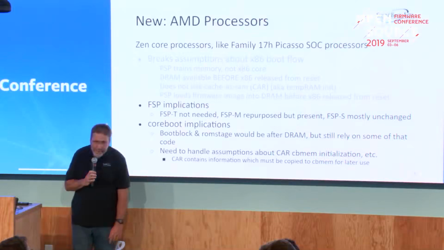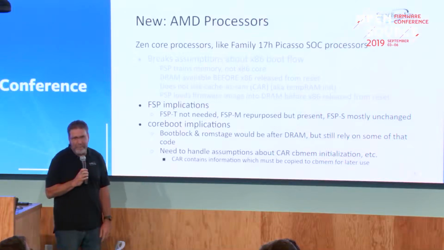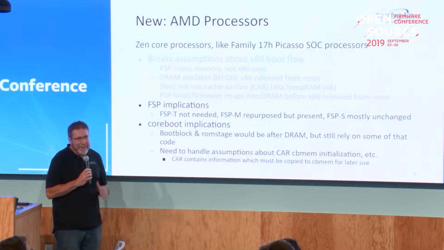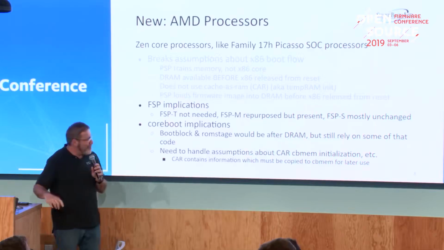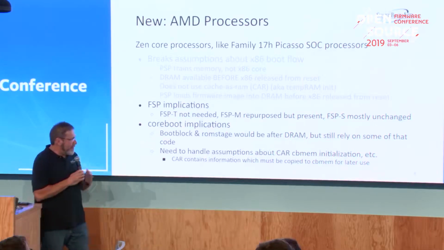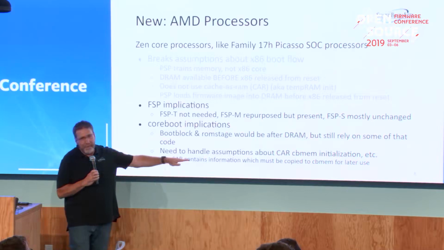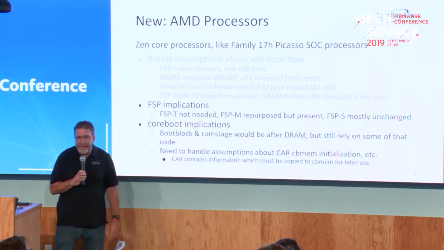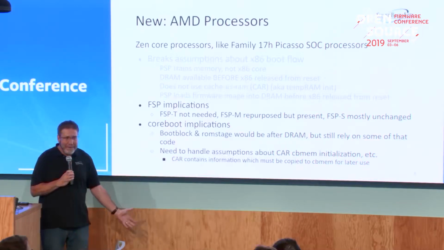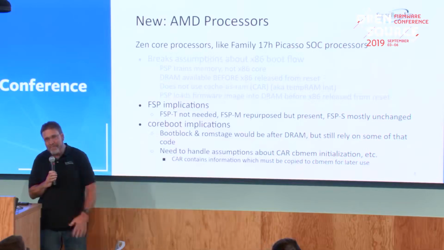Coreboot implications: we don't need boot block and ROM stage because RAM stage, we can run out of DRAM. But there's a lot of important things that happen in those stages that haven't been done yet. Some examples are, as you get ready to launch your RAM stage, coreboot wants to do things like tear down cache as RAM, and it wants to copy all the stuff that's in cache as RAM into CBMEM.